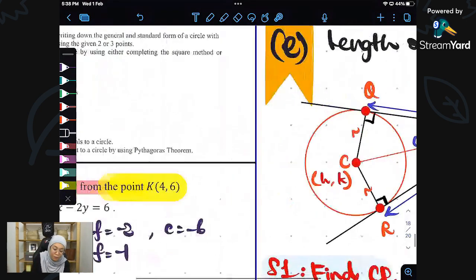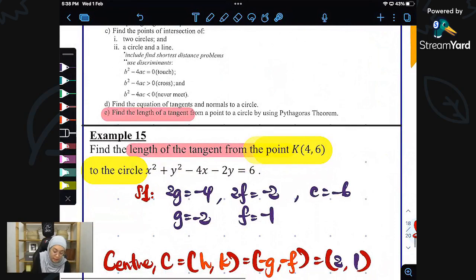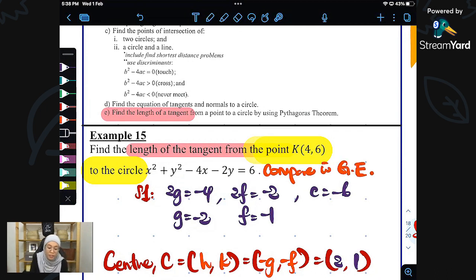Step one is just to compare this with the general equation formula, which is x squared plus y squared plus 2gx plus 2fy plus c equals 0.